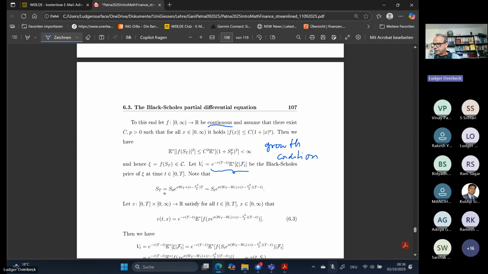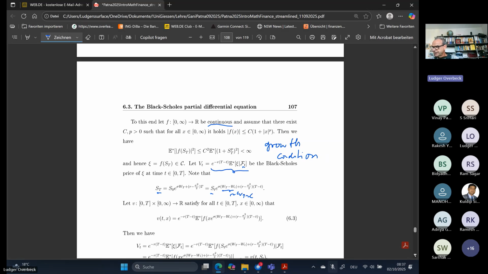If we look at S_T given F_t, we have time T minus t, and W_T minus W_t has actually the same distribution as W_{T-t}. Now we do this calculation.